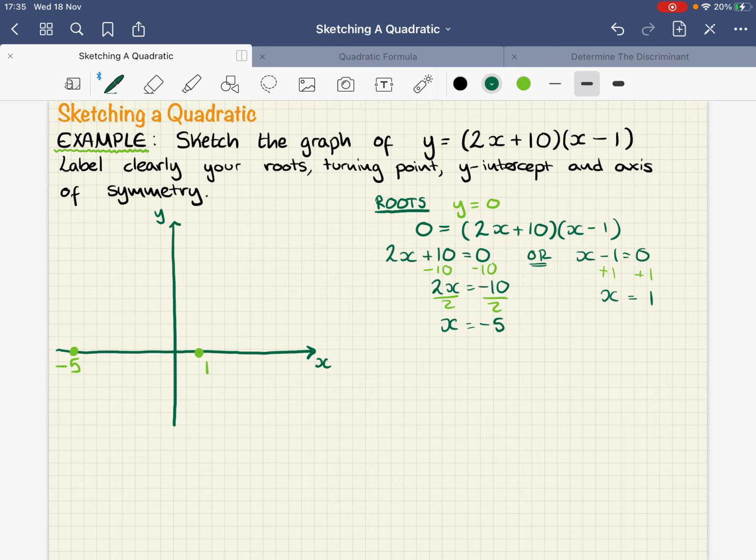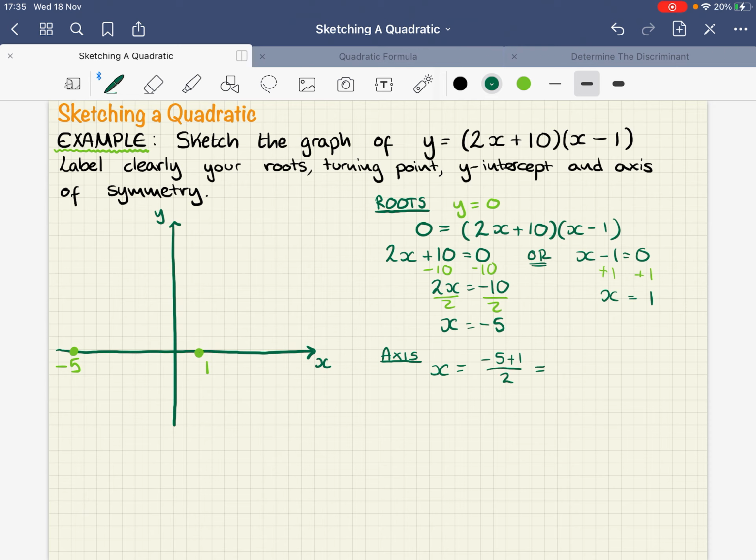Then I'm going to just find my axis of symmetry, just so I'm ready for it. And remember that sort of helps us determine where our turning point is going to be. So I want to find out the x value that's in between my negative 5 and my 1, because it's got to be somewhere down here. Easiest way to do it is if I add my two x values together and then divide by 2.